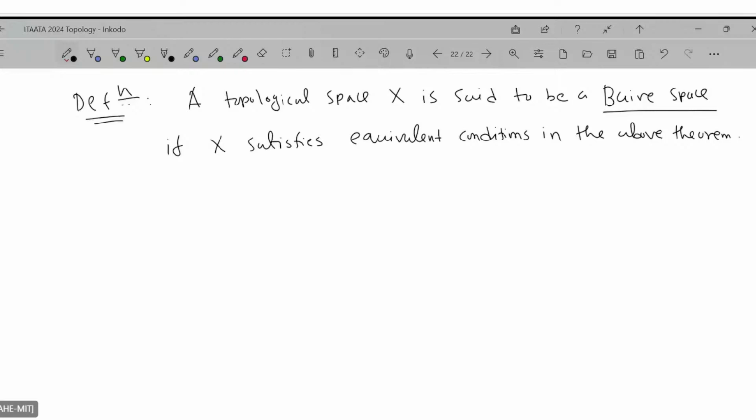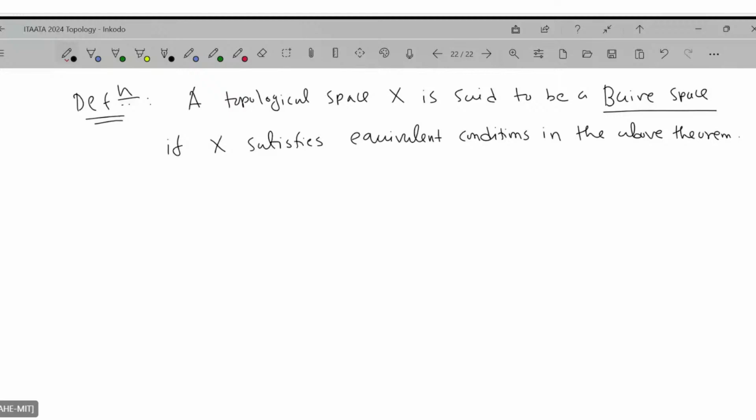A space is called a Baire space if every dense G delta set is dense. You have to change it a little bit here and there. It's like that.